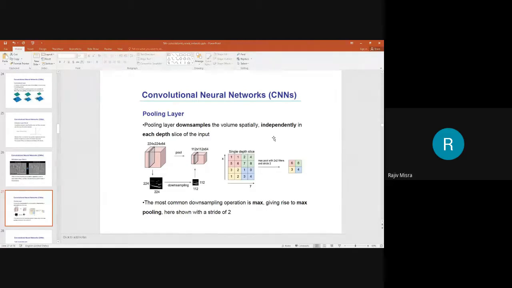It is shown over here in this example x by y image.